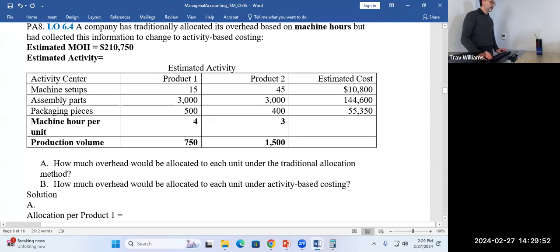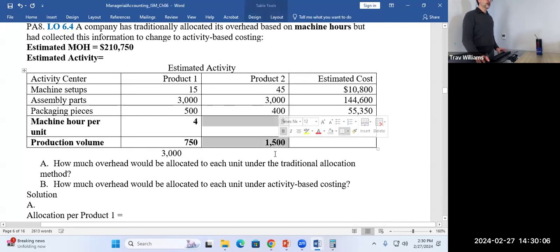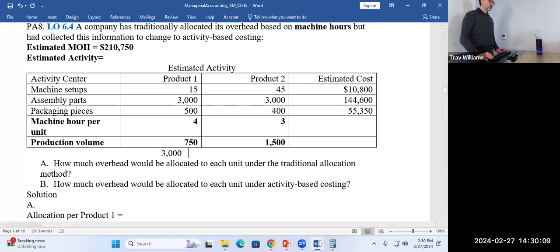I'll just put it right here for reference. But what about product 2? Yeah, we're going to take 3 machine hours per unit times 1,500 units. That means it'll be 4,500 machine hours for product 2.